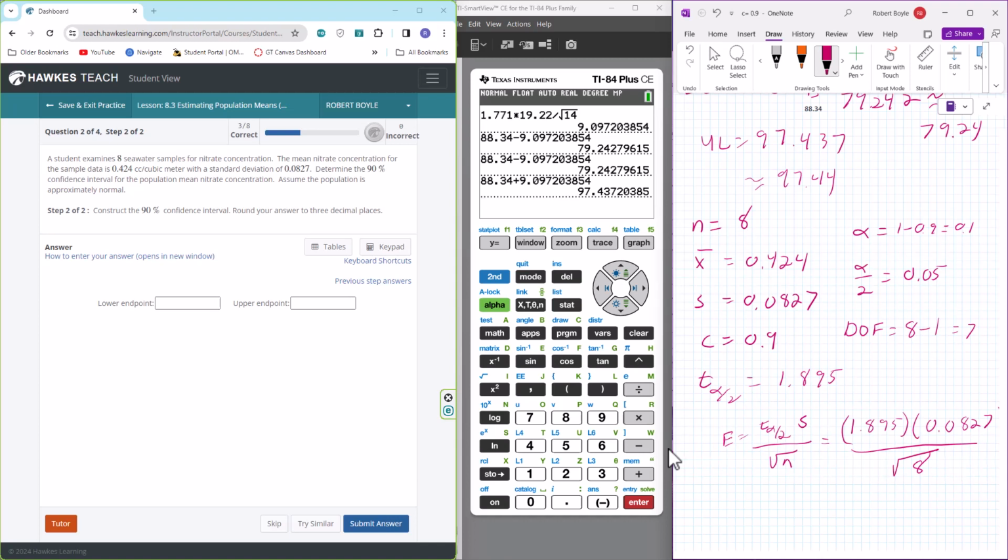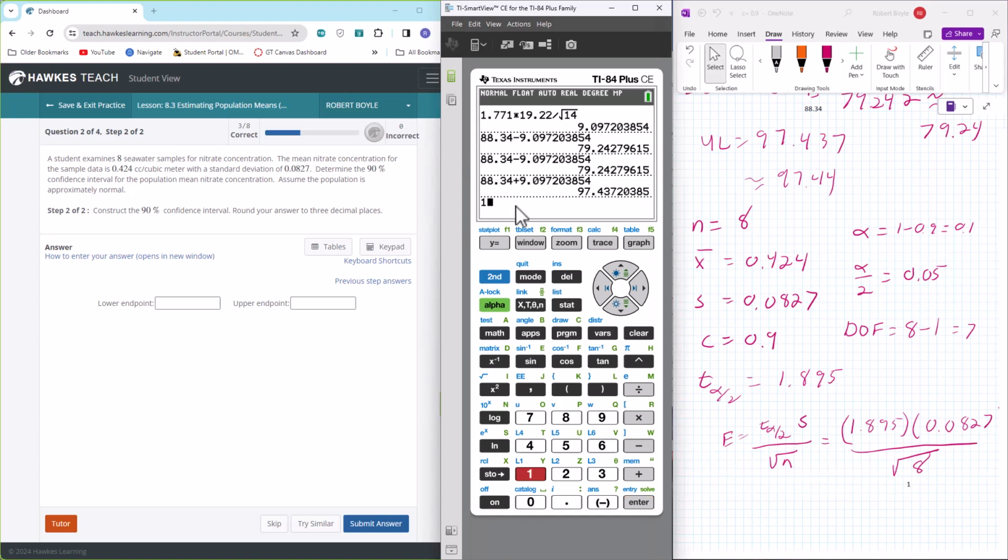Okay, on our calculator, 1.895 times 0.0827 divided by the square root of 8.